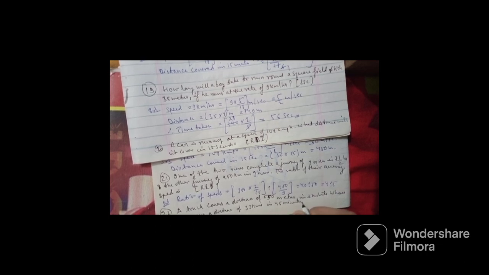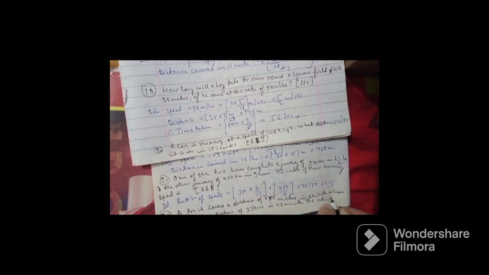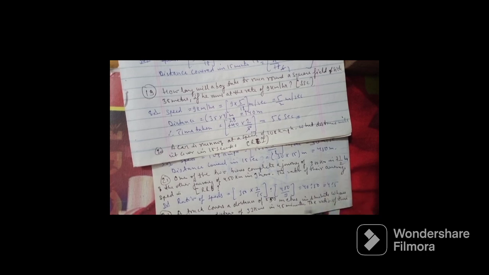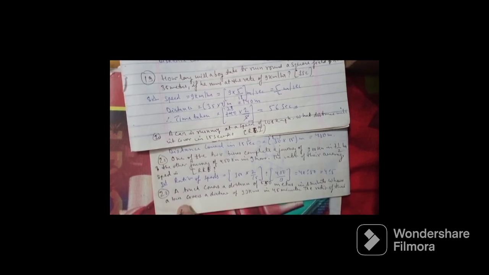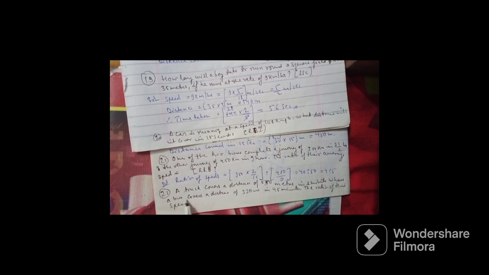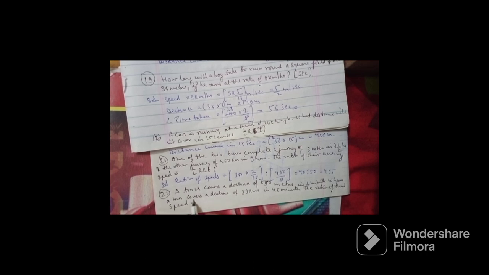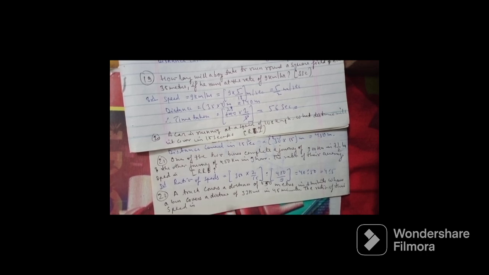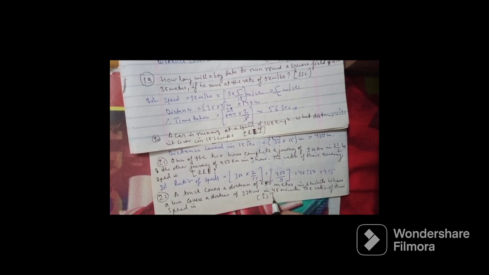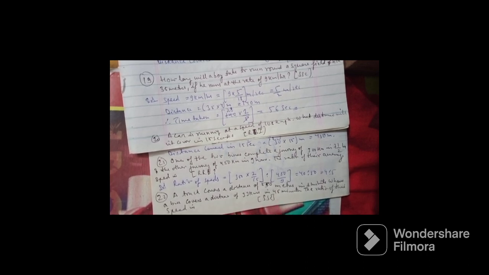The ratio of their speed is, this has been asked in the SSC examination paper. The options for the same here are 3:4, 4:3, 3:5 and 50:3. So let's get started here.